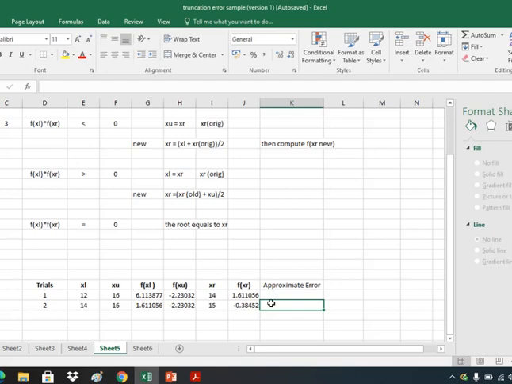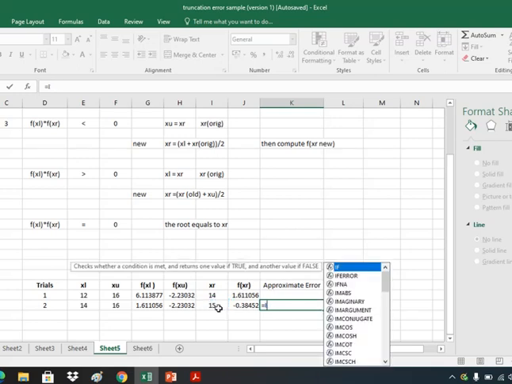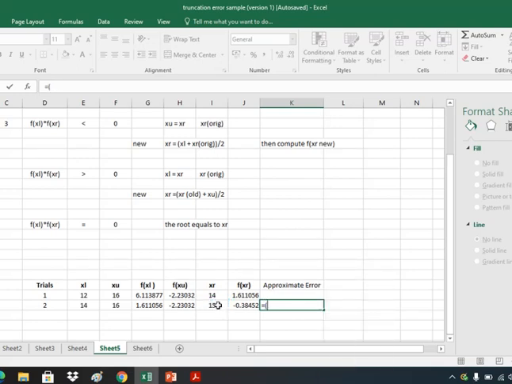Okay, for the error, that is equal to current value minus the original value divided by the current value times 100%. That is the error. So let's just reduce it.